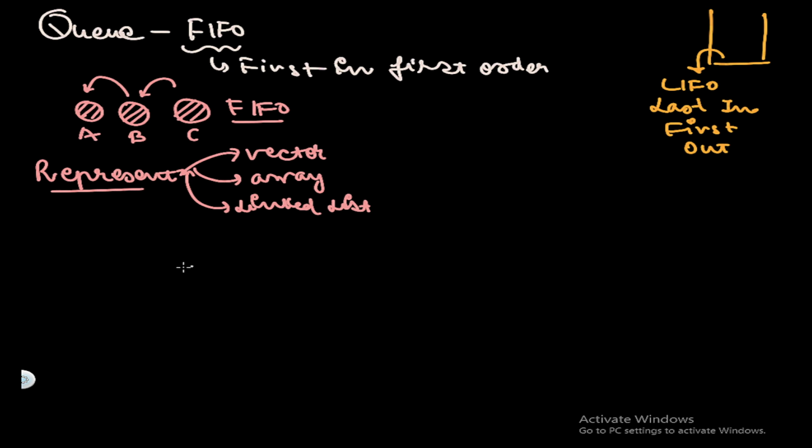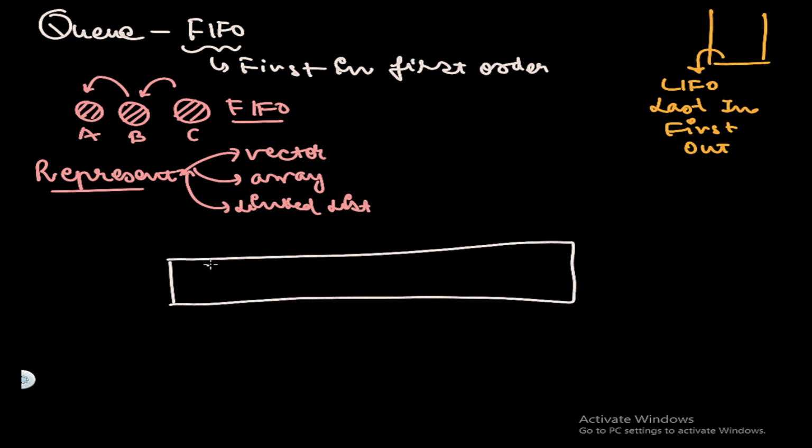Let's think of this as our queue. Okay, this is our queue. Now, if this is our queue, how can we say that it is following first in first out order? Let's say that I got this element A, so I will place it in this box. Let's call the indices 0, 1, 2, 3, 4.